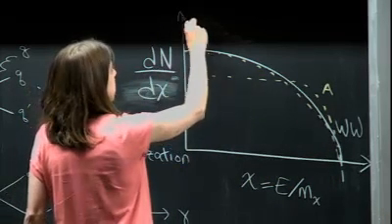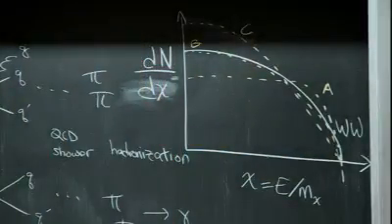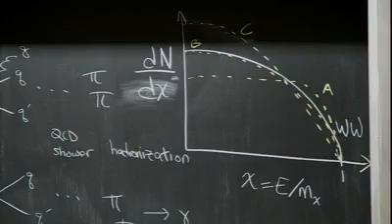Or option C would be something like that. So let's see, as a hint, if I produce ZZ instead, the dominant decays of the ZZ would be to what?